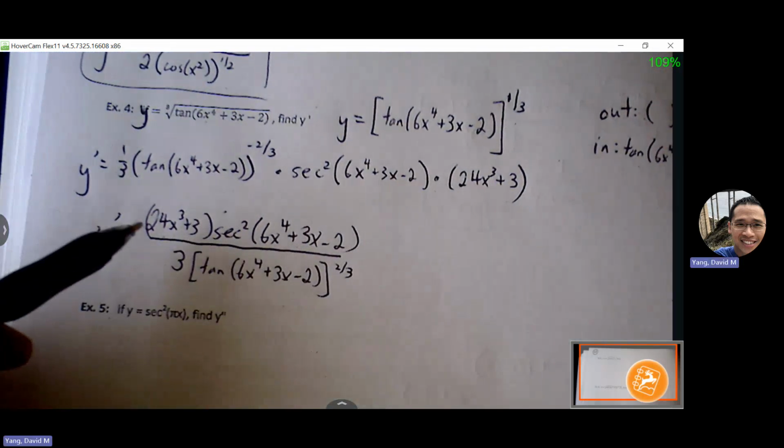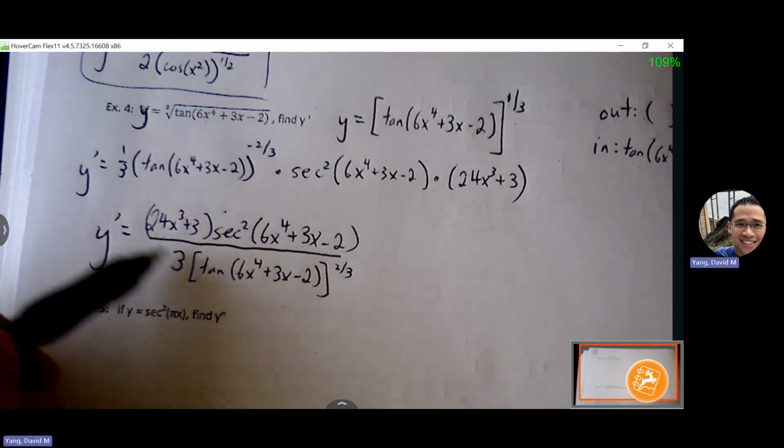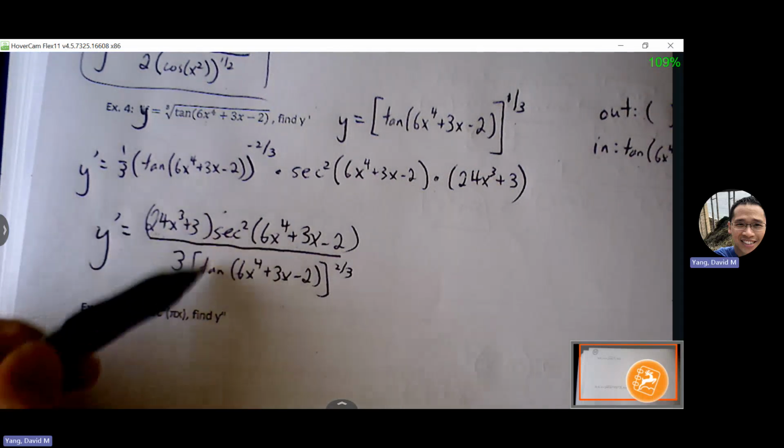I think on my key, I took out a GCF of 3 and reduced this to just 8x cubed plus 1, but you don't have to.